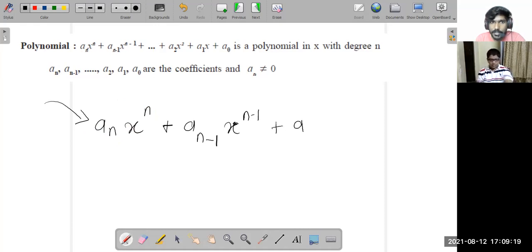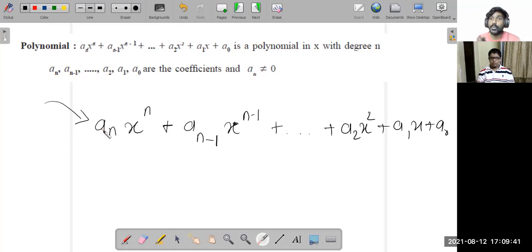So plus dot dot dot plus a2 x squared plus a1 x plus a0. For the variable, n denotes the power, but for the coefficient, n basically denotes the position. Which position it is.